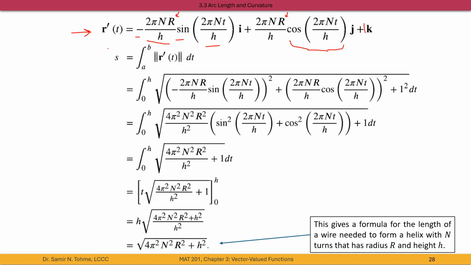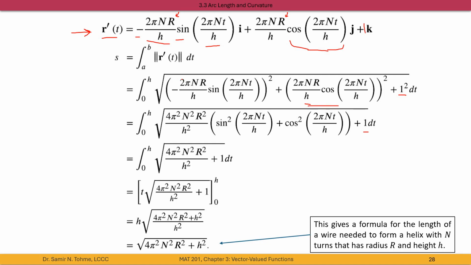Let's calculate the magnitude of r prime. For the magnitude of r prime of t we need to square each component individually. So we will square the x component, the y component, and the z component, which is equal to 1, 1 squared. 1 to the power of 2 is 1. And let's square this term over here and this term over here.